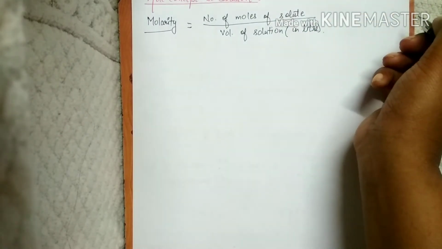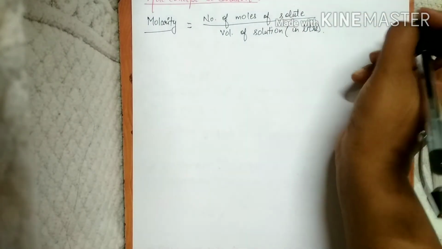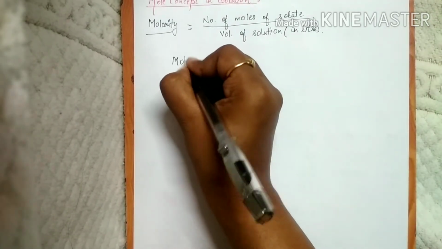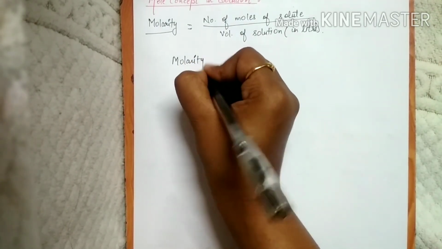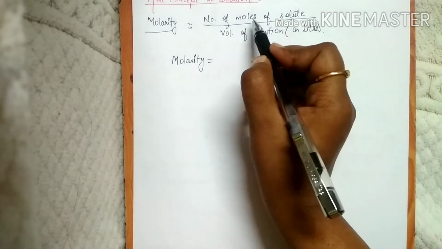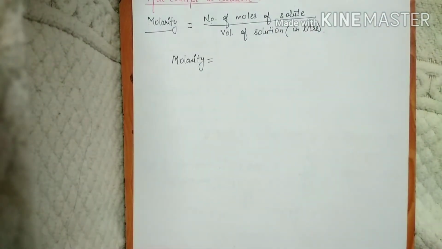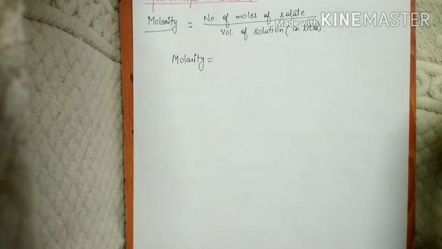But for solving questions, I would recommend you learn the next formula which I'm going to write. The number of moles of solute is always equal to the given mass of solute upon the molar mass of solute.